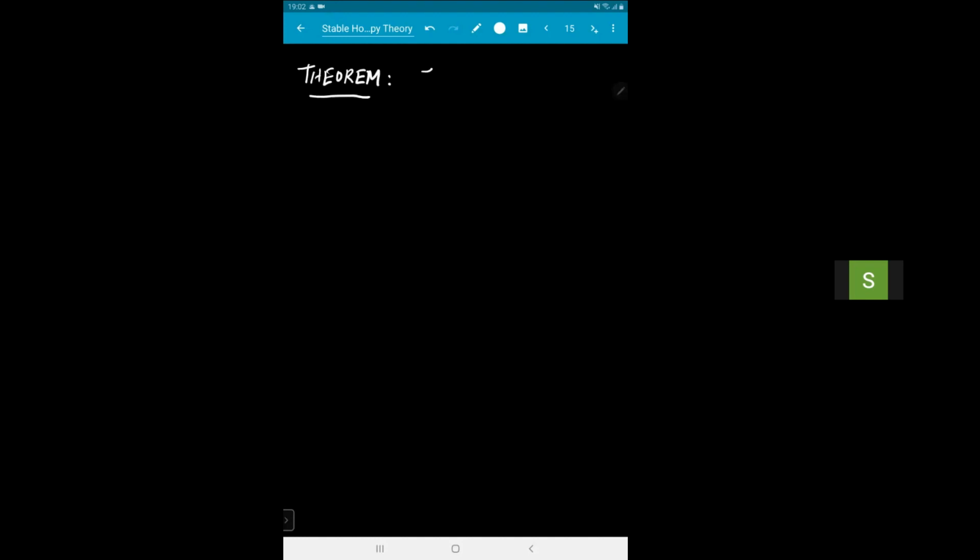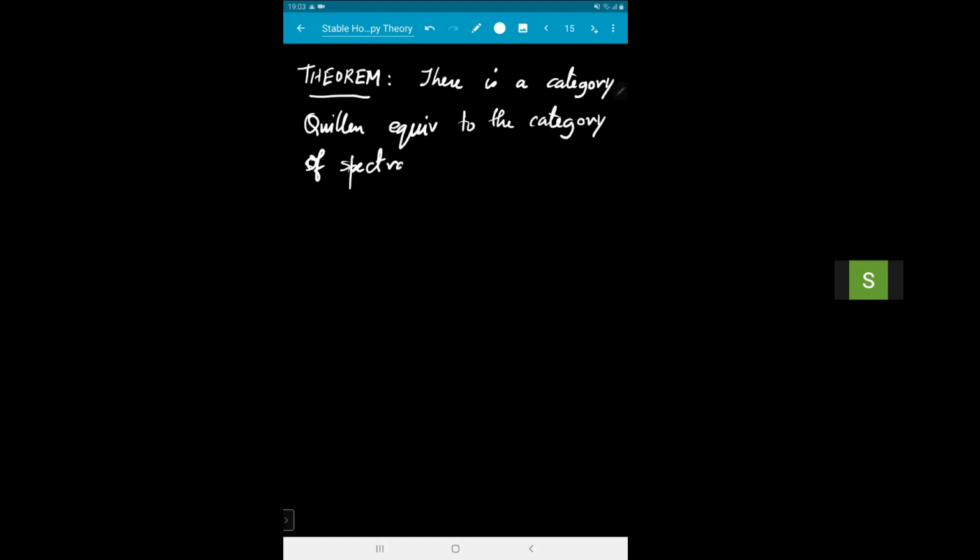I'll just write it as a theorem. There is a category equivalent to the category of spectra which is closed symmetric monoidal.